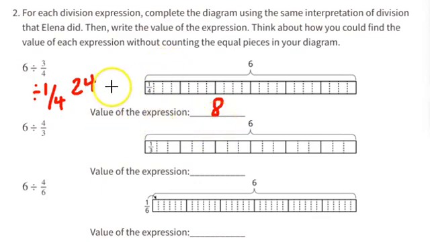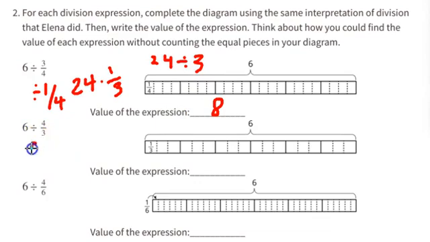Why is it 8? Well, to make 3/4, I need 3 of these groups, right? So I only need 1/3 of the 24, or I need to take that 24 and break it up into groups of 3 1/4s, which is how it gives me 8. What about here? 6 divided by 4/3.